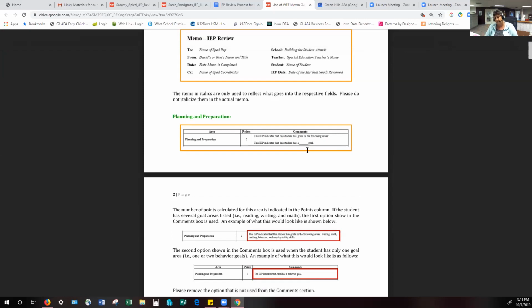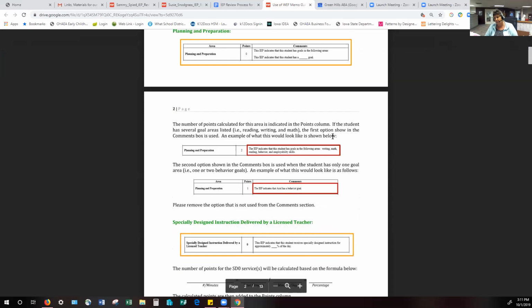On page 2, you'll notice that I included some samples that we've used on other memos so that you can see it. Through the whole document, in each area, I included what the area looked like in orange, and then I tried to include samples.